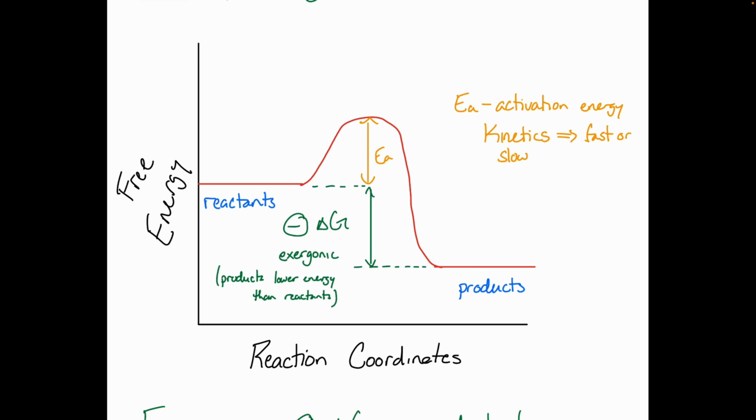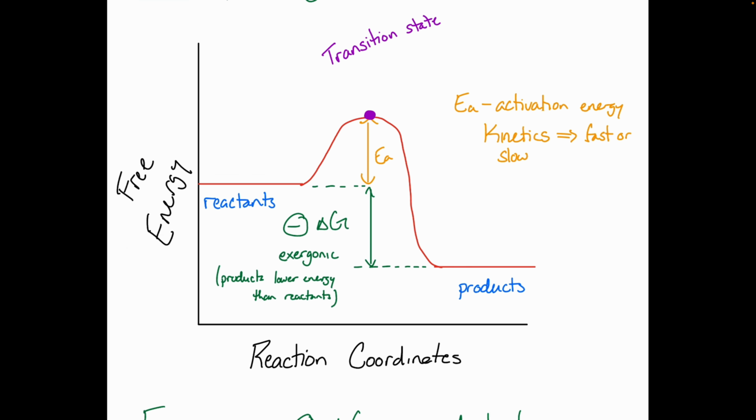One last thing that I'm going to note is up here at the top of this activation energy barrier, the tippy top point here. We have a special name for this. We call this our transition state. It is the highest energy state in your reaction here.